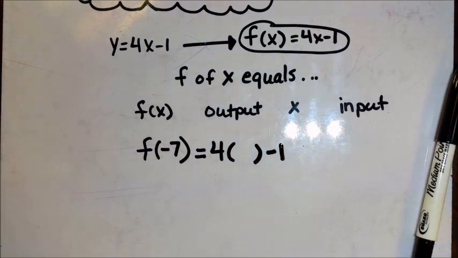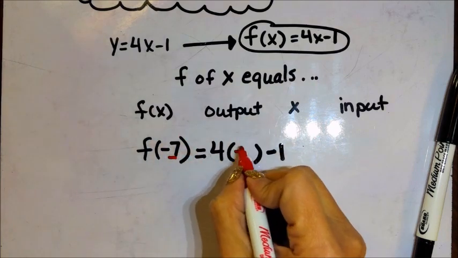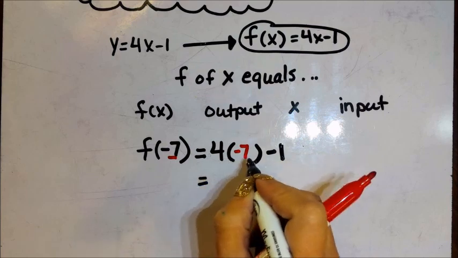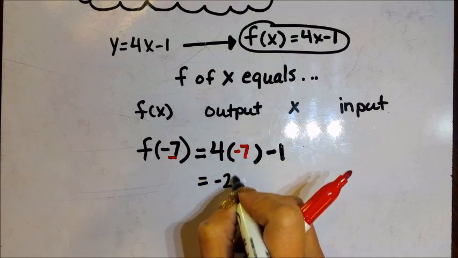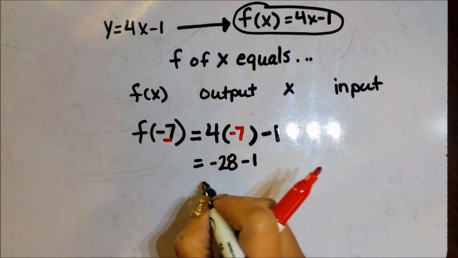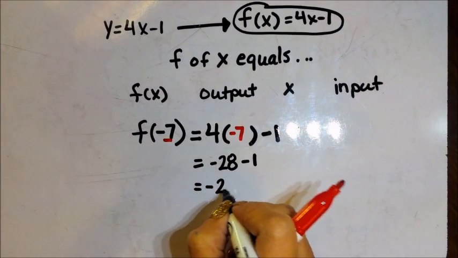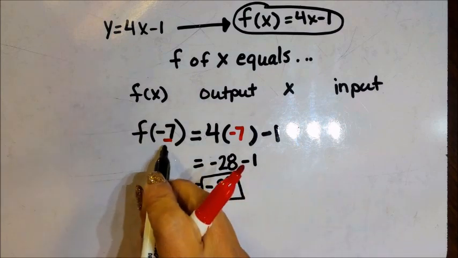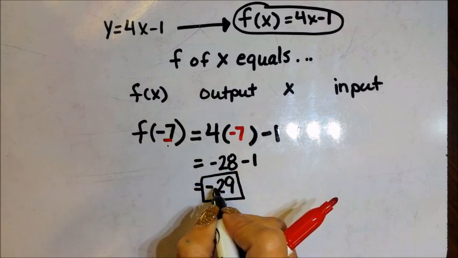In my parentheses, I'm going to put my negative 7. So 4 times negative 7 is negative 28, minus 1. Negative 28 minus 1 is negative 29.